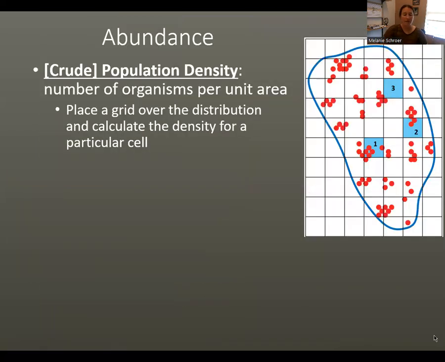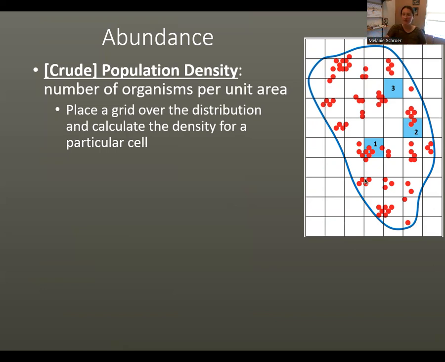Okay. Another thing that we can use to describe populations is abundance, right? So essentially, how many organisms are there within their distribution? And so something called population density, or sometimes crude population density, is used to describe how many organisms per unit of area.